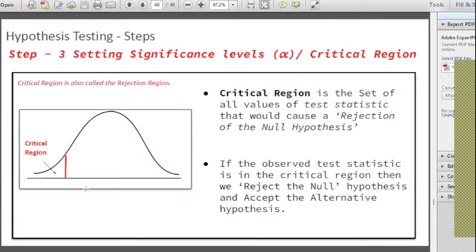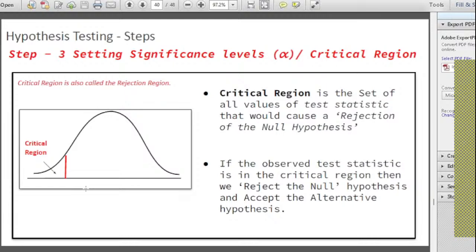Means you are ready to accept what the sample is indicating when you know that I am ready to accept 5% error, right? You are ready to accept a sample up to 5% errors, right?